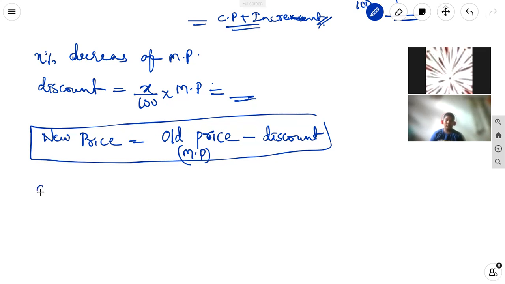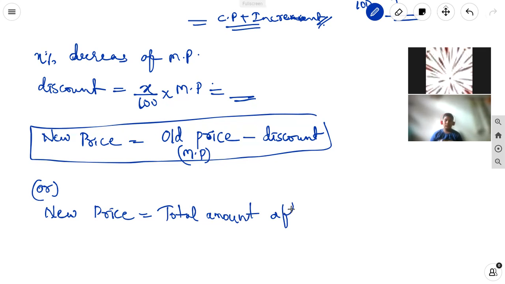Directly, the second method to get the new price: the total amount after discount equals 100 minus X by 100 into market price.